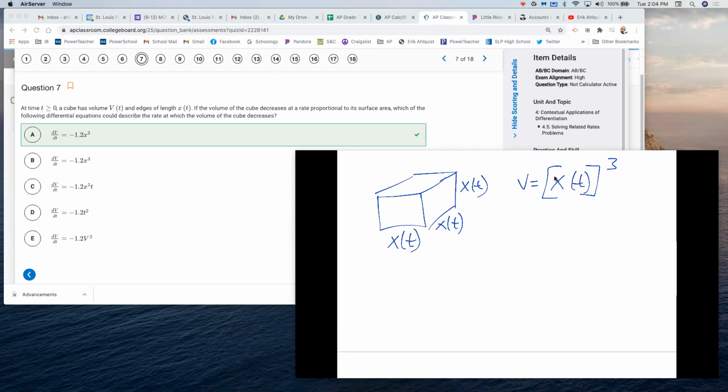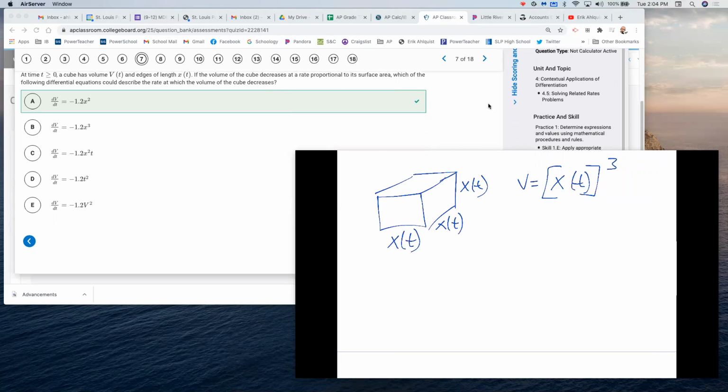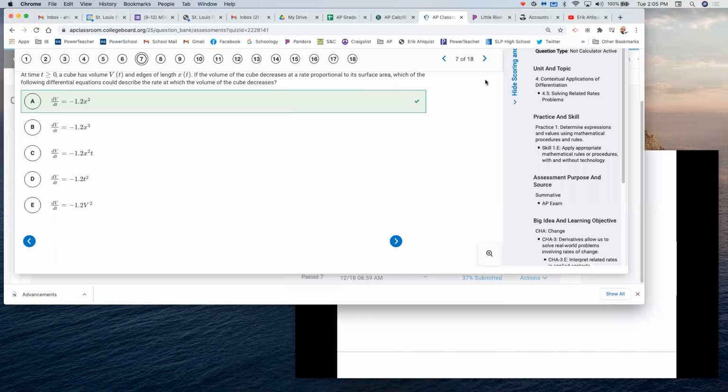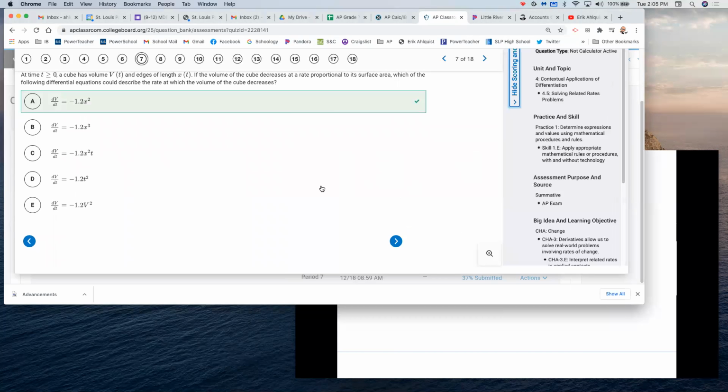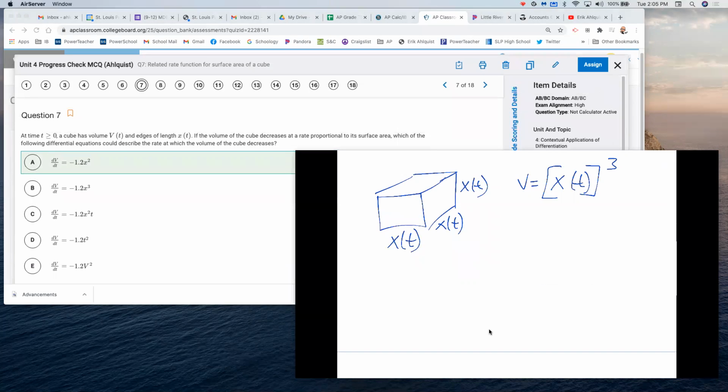The key on that one is, I'm trying to figure out the best way to describe it.